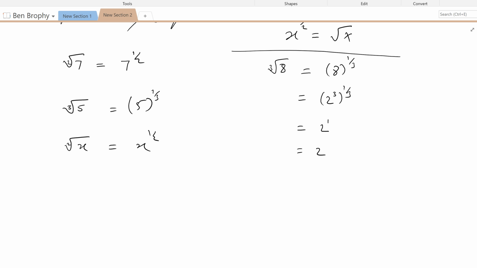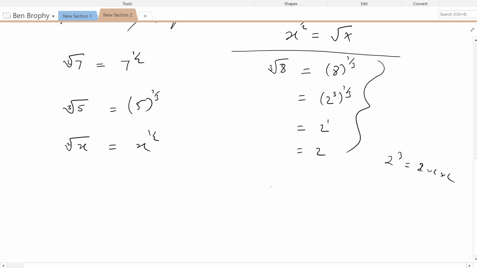Yes, the cube root of 8 is 2, because the cube of 2 is 8. Cube of 2 means 2 times 2 times 2, right? Because when you multiply 2 three times, you get 8. Therefore, the cube root of 8 is 2, and that's the more justified way of proving it.